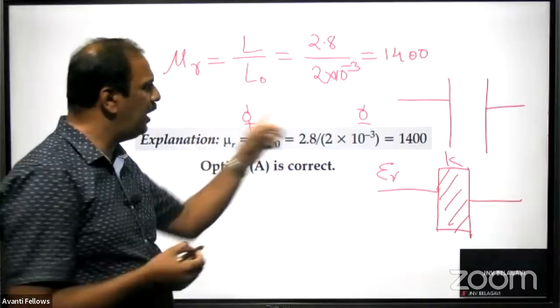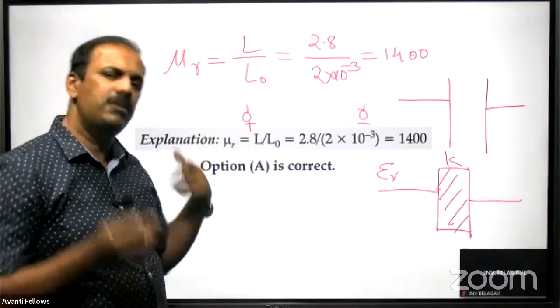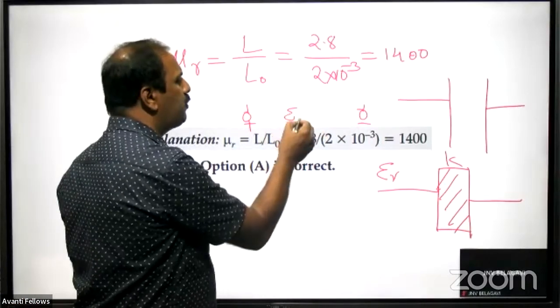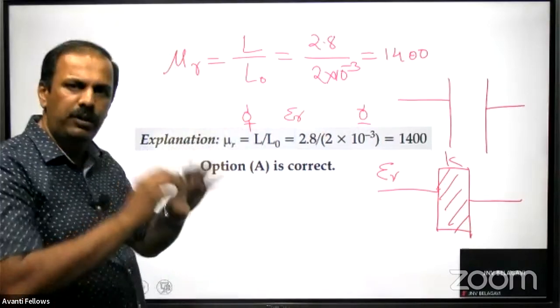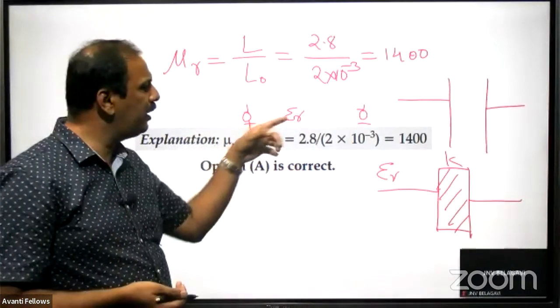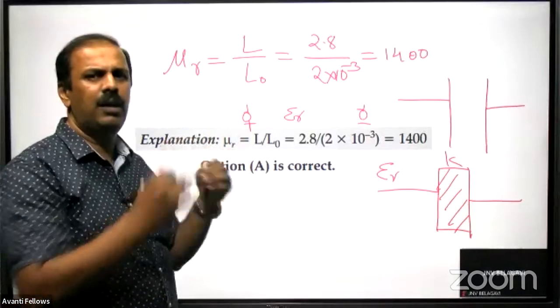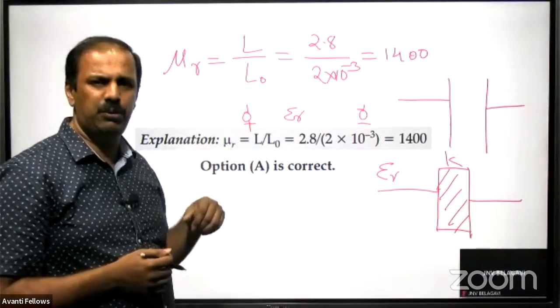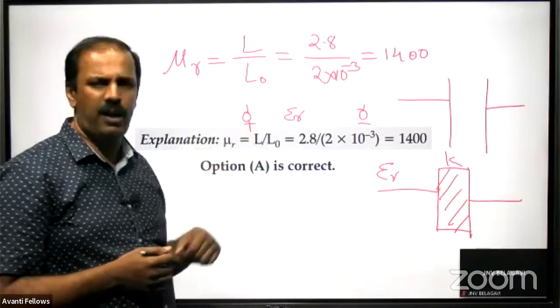Similarly, if you fill this area with a material of epsilon R, then we have another force. So the ratio of those two forces will be the ratio of the epsilon, this relative epsilon R, you will get.